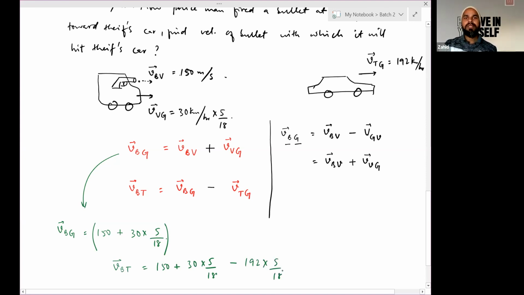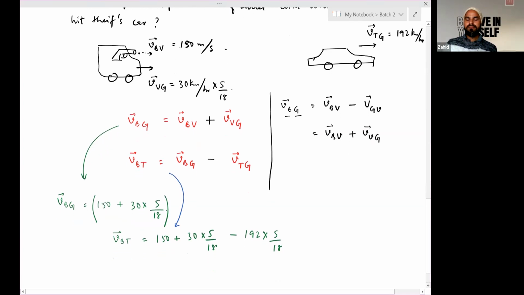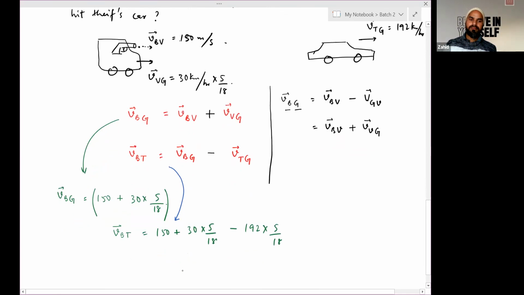Now just simplify it, you'll get your answer. Just simplify this equation.